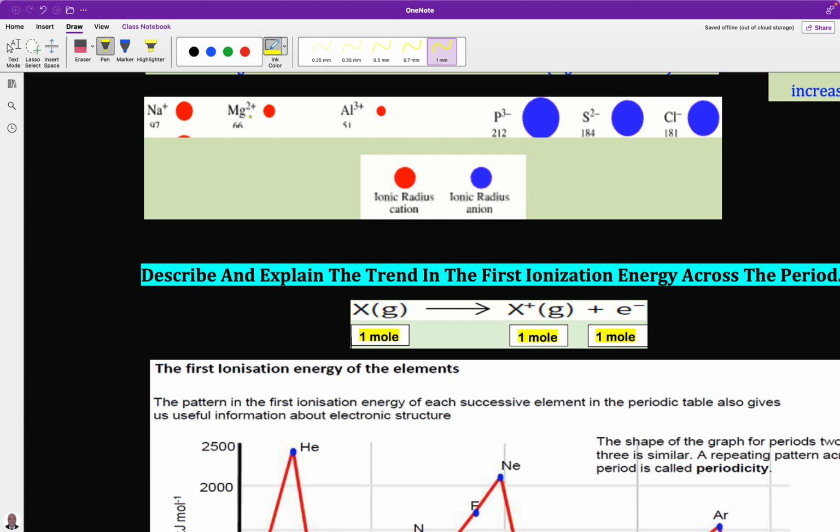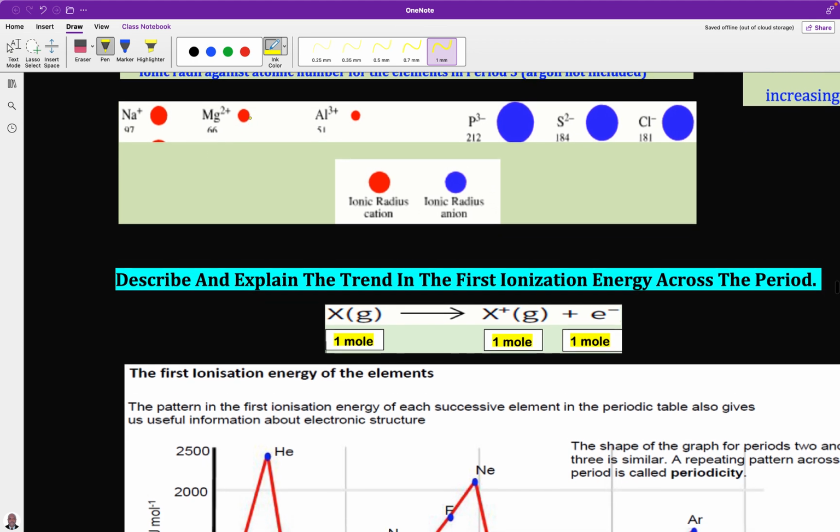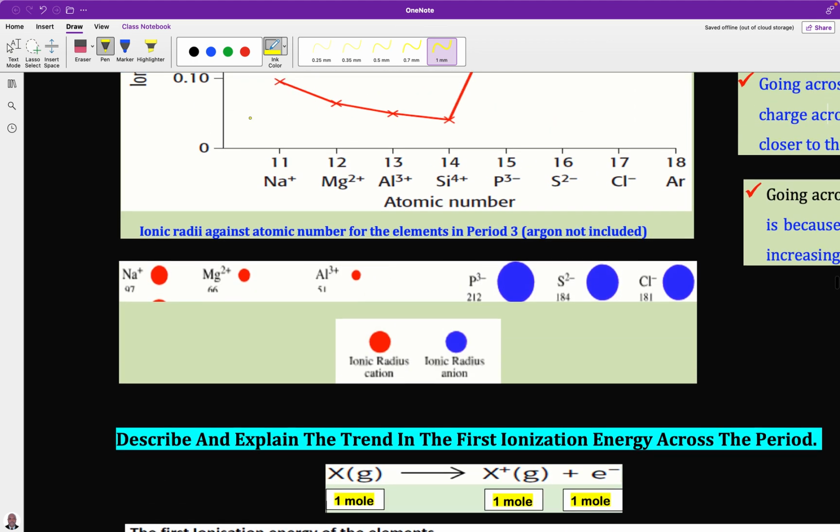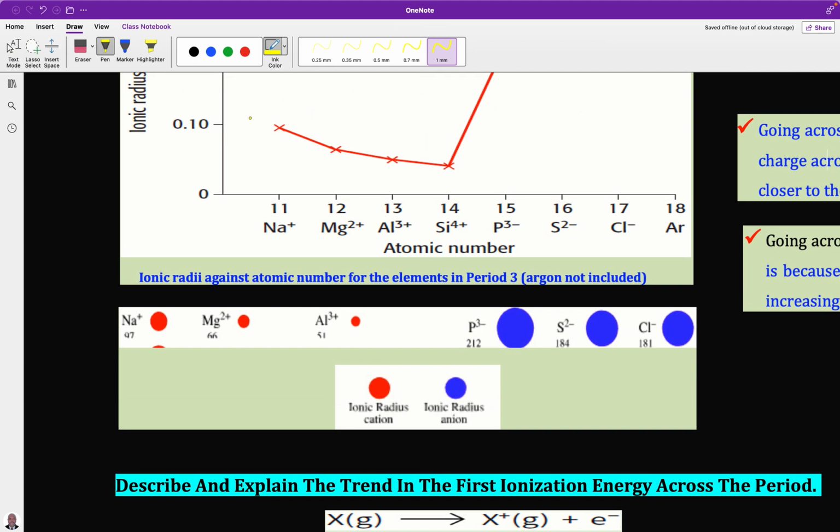And now we can explain the variation from sodium to silicon. Going across the period, the cations are much smaller than their atoms in size.